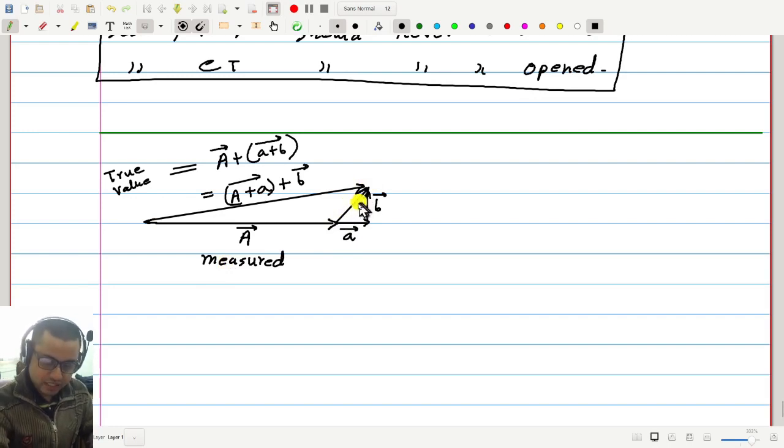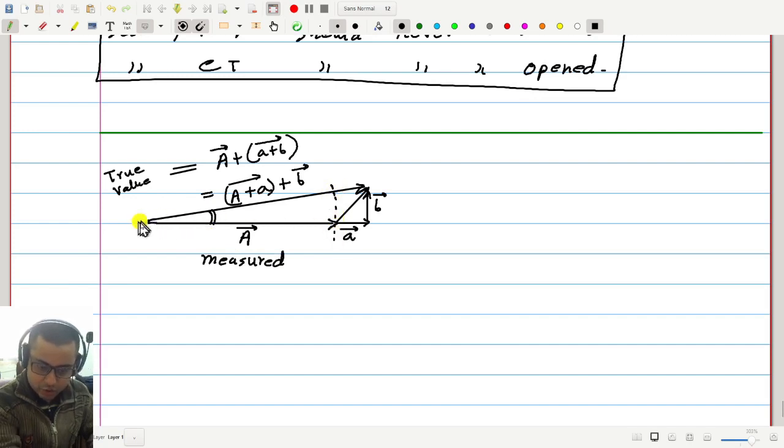Therefore this angle is the angle error or phase angle error, the difference between the true value and the measured value. You see that the true value and the measured value are not in the same direction, and also the magnitude is different.